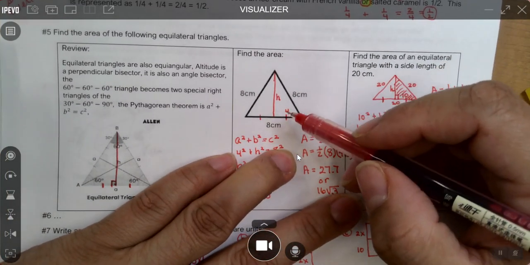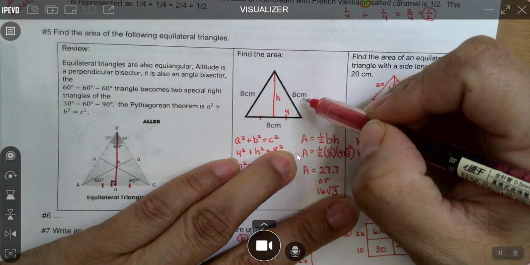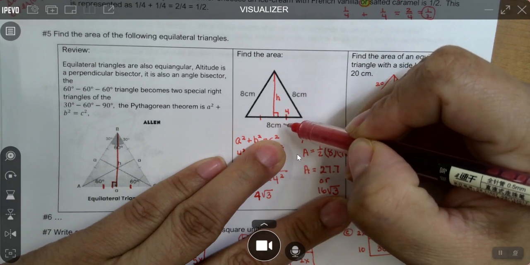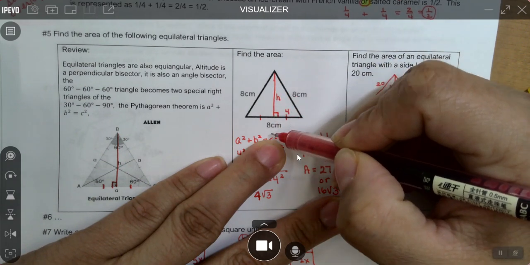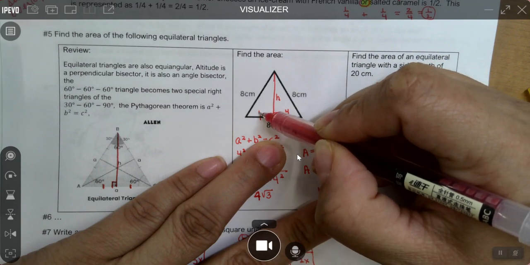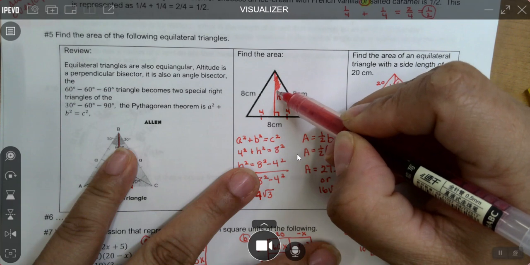Okay, so this one says find the area. We know it's equilateral because all 3 sides are 8. This is the altitude, which is the height that we need. And we know that it splits this bottom base into 2 equal pieces. So we are going to focus on this.